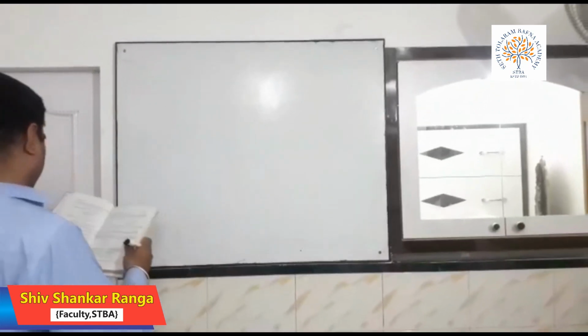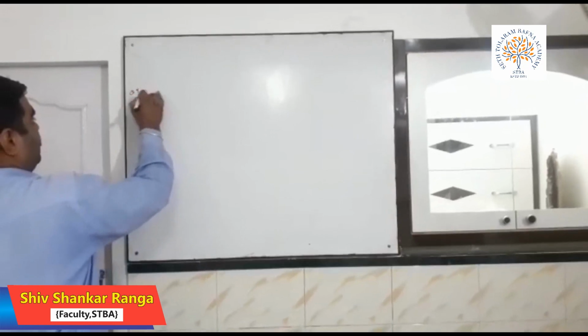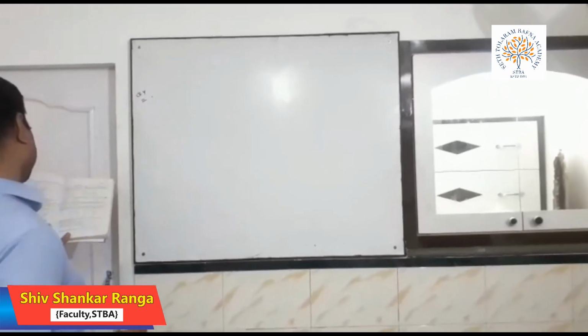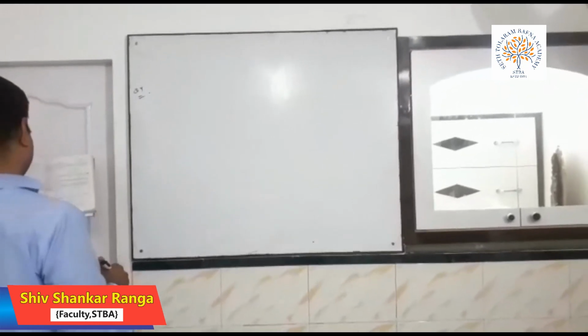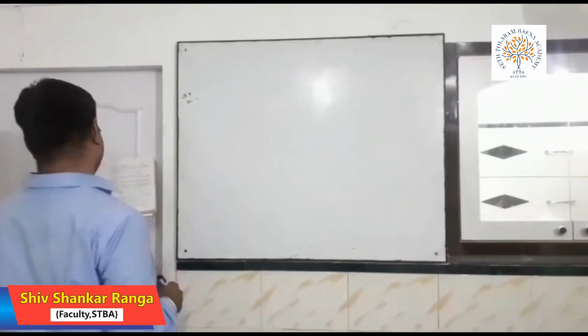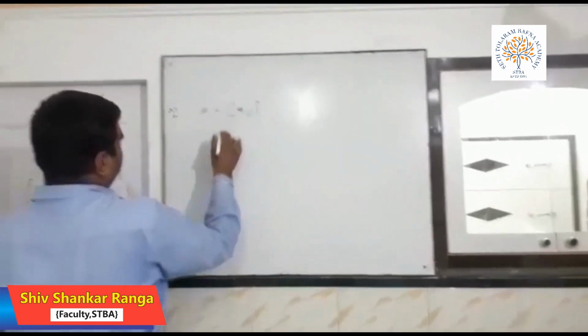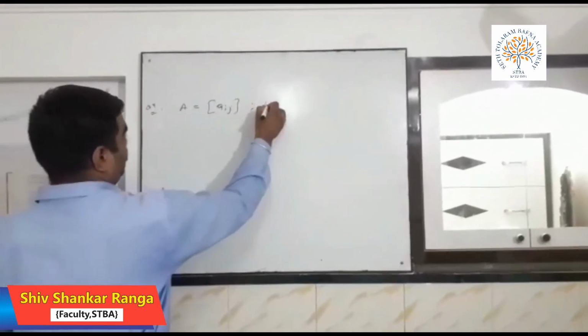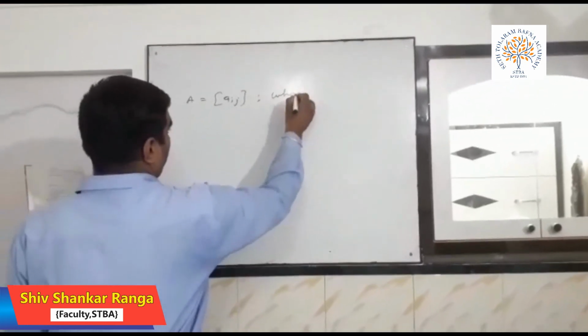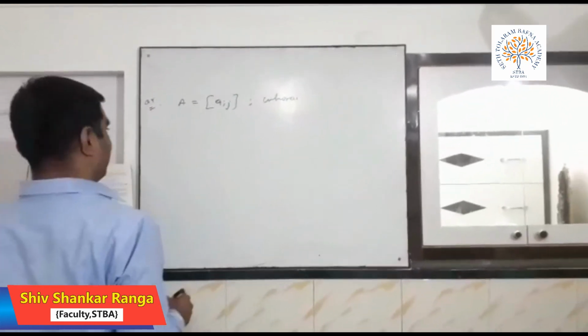Question number 4. Construct a 2 by 2 matrix A is equal to Aij whose elements are given by.